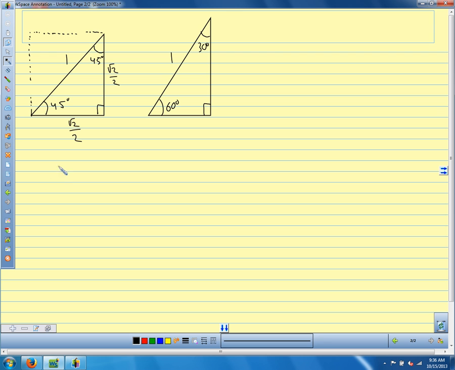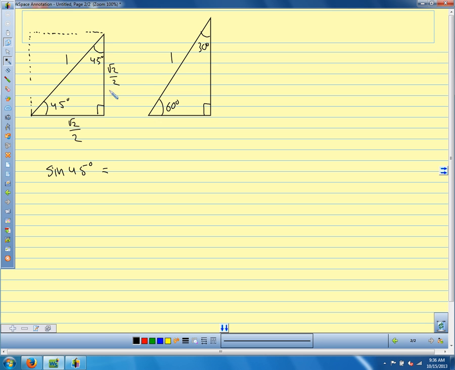All right, so let's figure out the sine of 45 degrees. We already know what it is. Sine of 45 is what? We can think of our unit circle, or we can look at this triangle and figure out the sine of our angle.